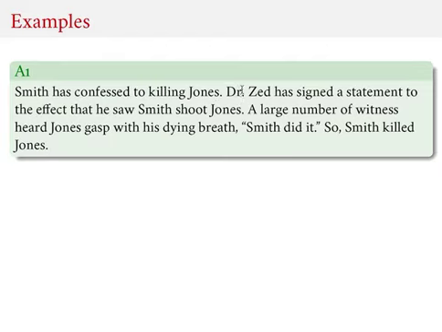So, for instance, Dr. Z is like a Bond villain, and so Dr. Z manipulates Smith into thinking that he did it, and that's why Smith confesses. And furthermore, Dr. Z has manipulated Jones into thinking that Smith did it as well, and that's why Jones says so, etc. So, in that possibility, even though it's very far-fetched, it's still coherent, and it shows that it's possible for the premises to be true and the conclusion false.